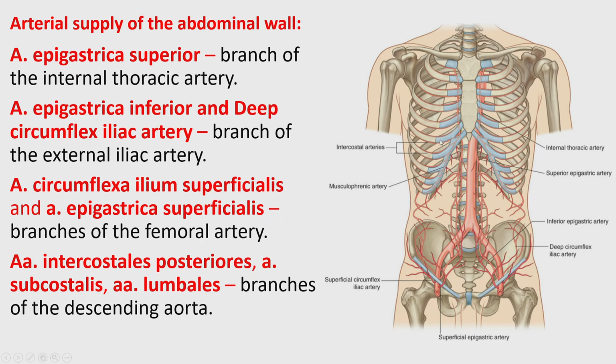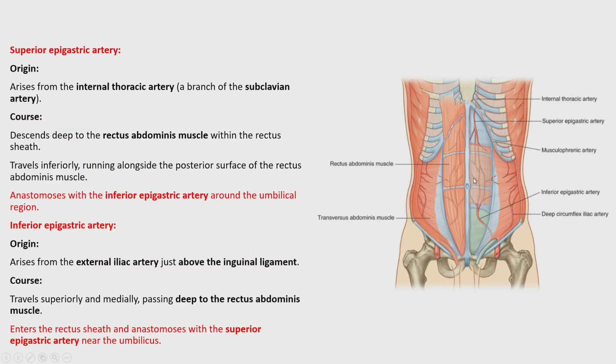Of course, in the deeper area there are the posterior intercostal, subcostal and lumbar arteries, branches of the descending aorta, also supplying this area.